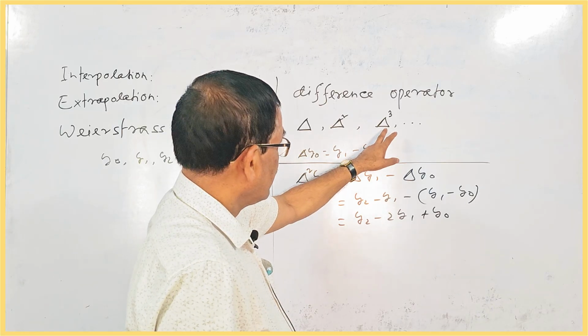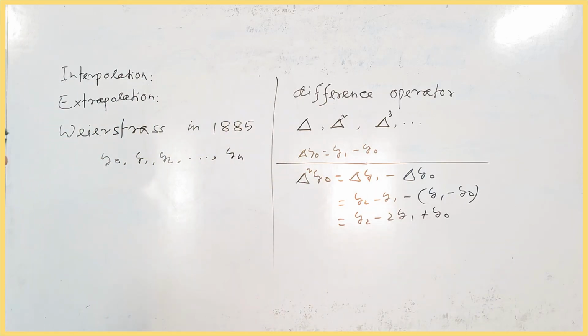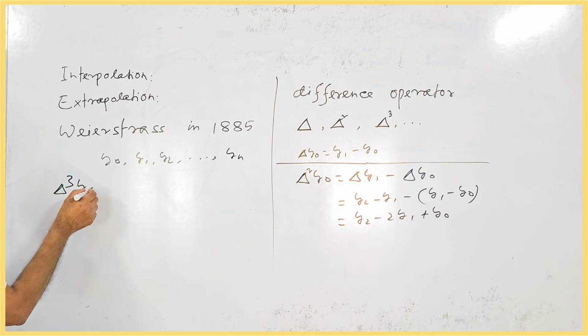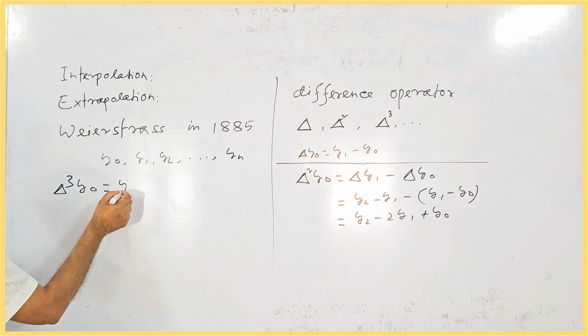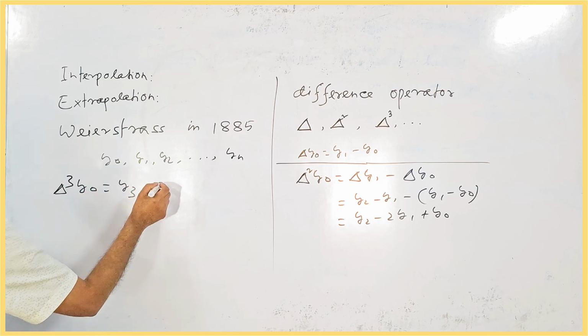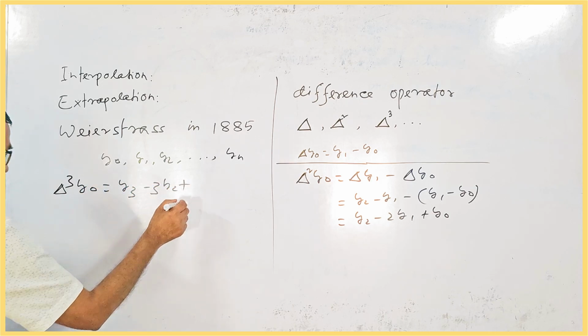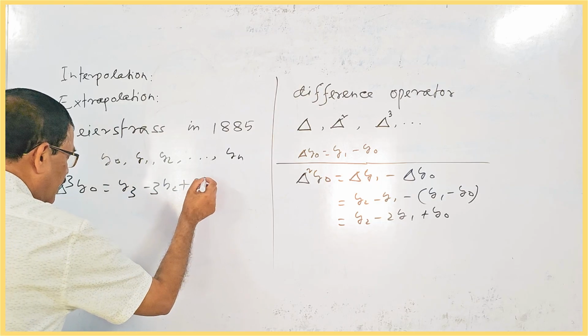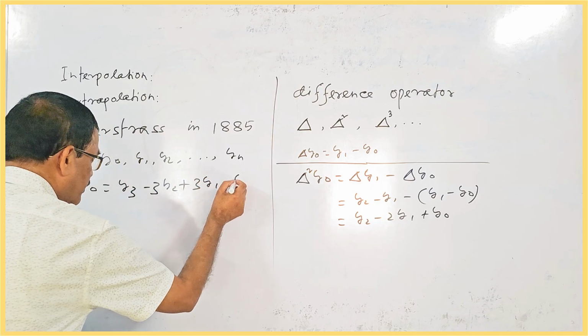In that way, I can compute immediately delta cube y0. Delta cube y0 equals y3 minus 3y2 plus 3y1 minus y0.